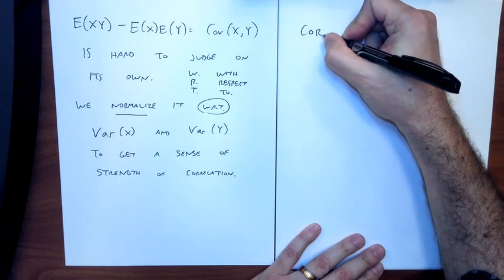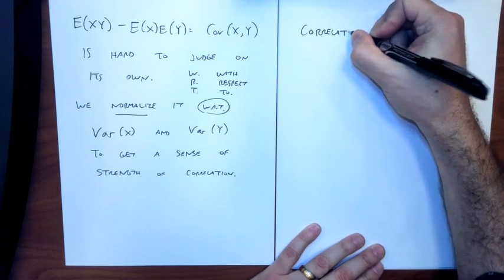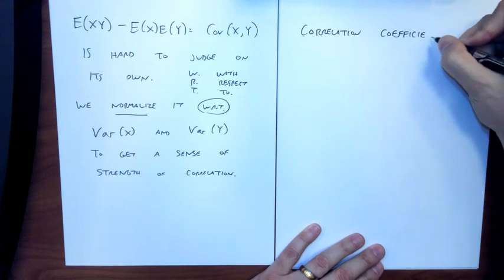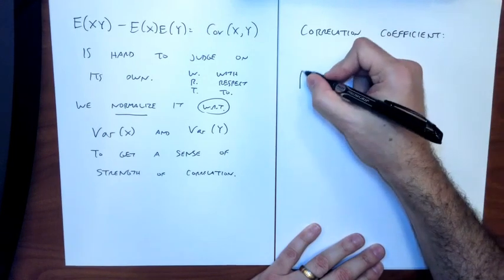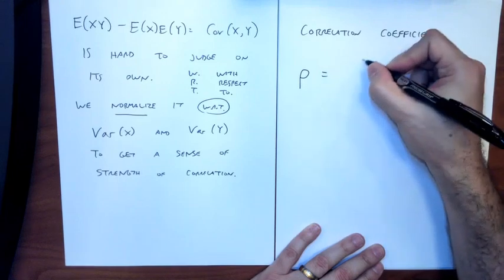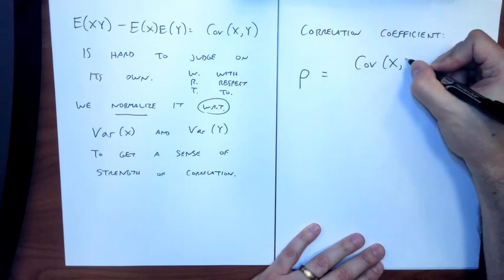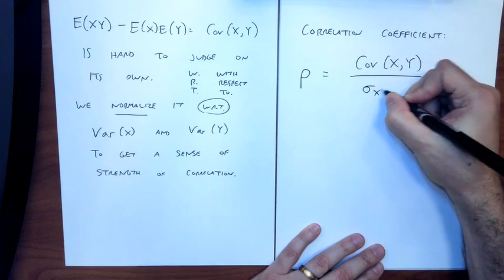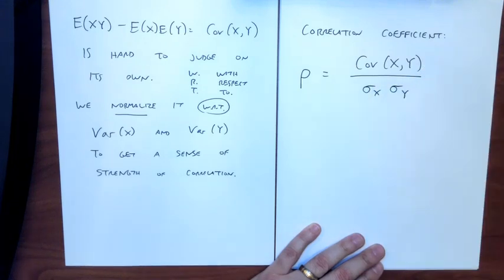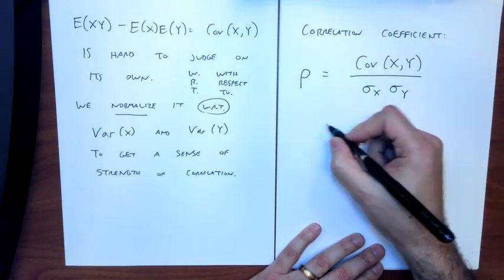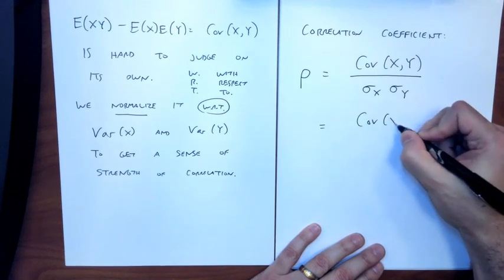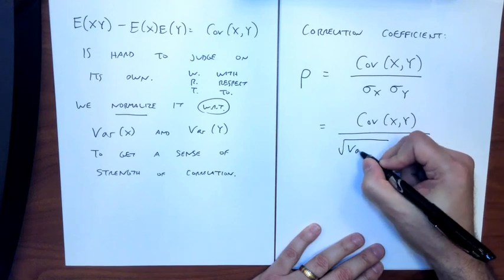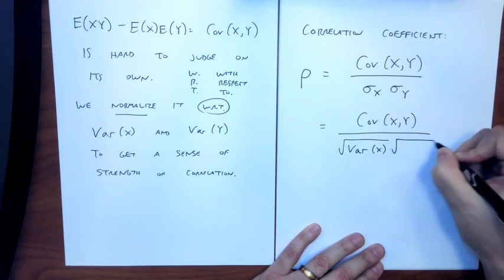So I'm going to define what's called the correlation coefficient, which is something that if you ever took a class in statistics, you may have heard before, called rho, which is the covariance divided by the standard deviation of x and the standard deviation of y. Remember that those were defined as the square root of the variance.